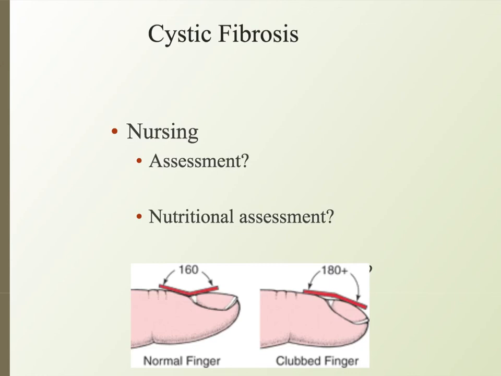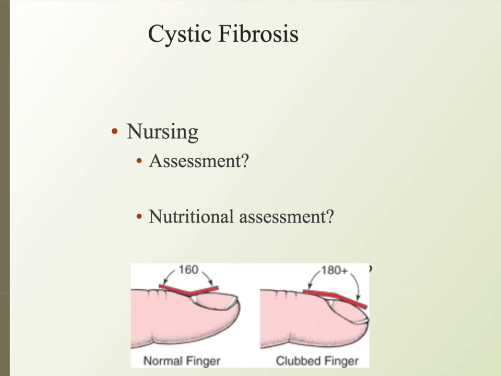And we're going to do family and child support. There could be grief counseling, especially if the family didn't know they had a family history of cystic fibrosis, and now we're dealing with a child with all these complications. It's a lifelong thing, okay? We also want to do counseling about good hand washing to decrease nosocomial infections, how to do CPT, how to give meds, and what the normal survival rate is.